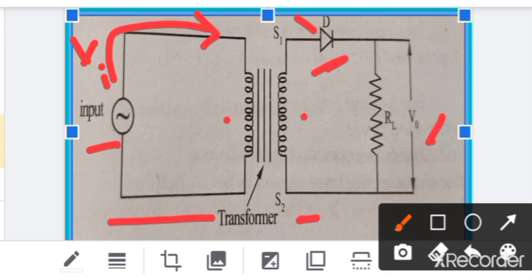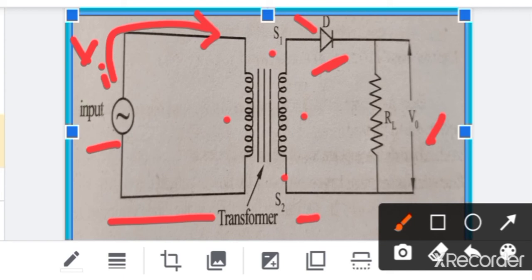So once again we recall the construction. The half wave rectifier consists of a diode and a load resistance RL, which are connected in series in the secondary circuit of the transformer. And of course the polarity of S1 and S2 alternates.